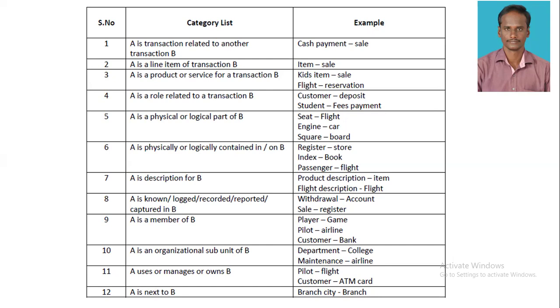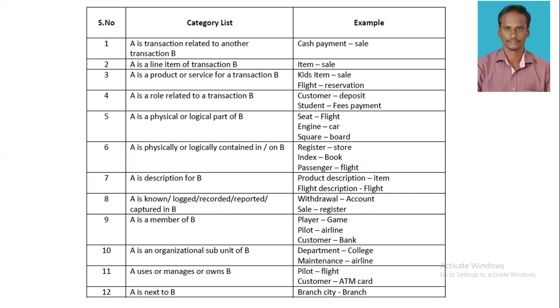And next, A is physically or logically contained in B: Register and Store, Index and Book, Passenger and Flight. So these are all physically or logically contained in B. Here A is Register, B is Store. And next, A is a description for B. It means ProductDescription and Item, FlightDescription and Flight.